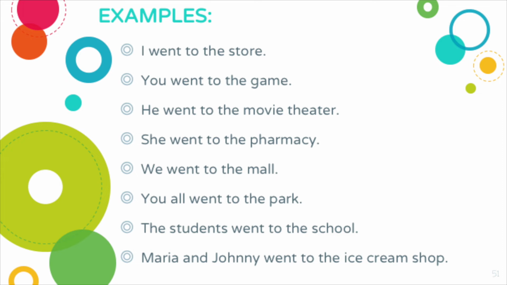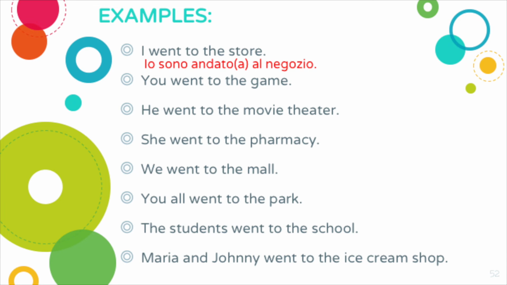Let's look at the first sentence. I went to the store. We know that the io form for essere is sono, so my helping verb will be sono. But now we need the past participle for went. Andare in the past participle, when singular, is either going to be andato if I'm a boy or andata if you're a girl.